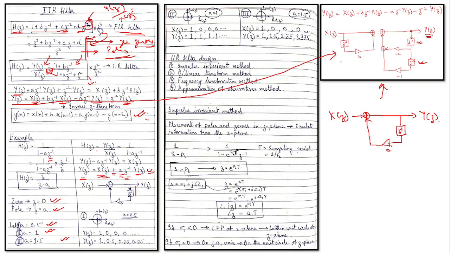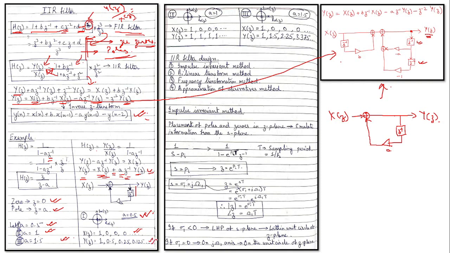Then let us take 0.5, 1 and 1.5. So when it is 0.5, when we give X(z), we are giving the input impulse. So we want to find out the impulse response values. So we give the impulse X(z) equals 1 0 0 0. Y(z) we can find out.